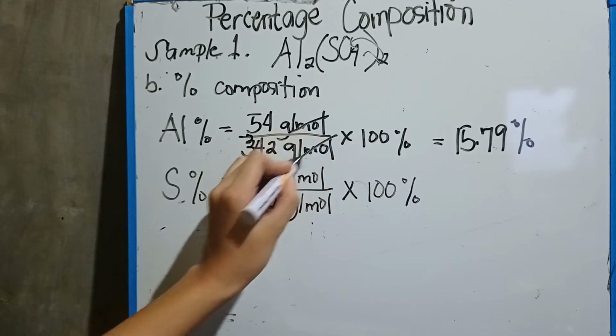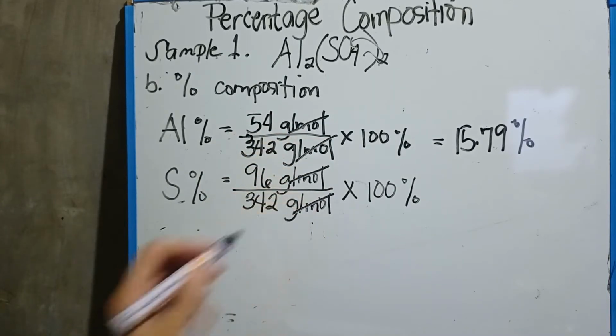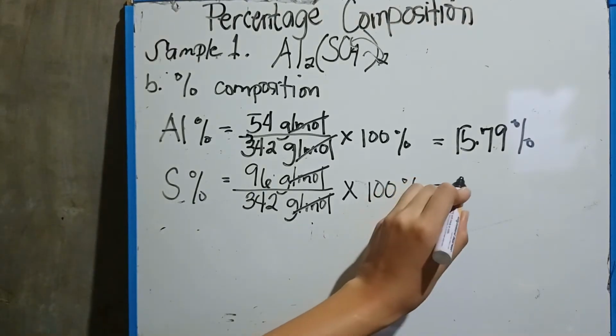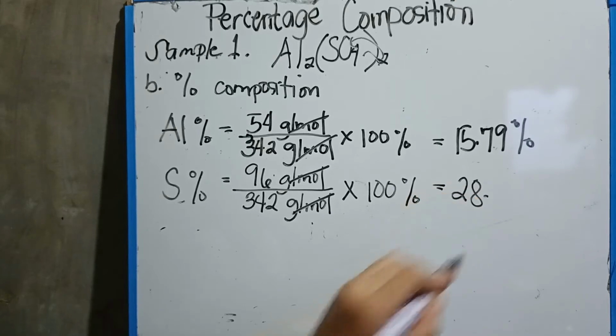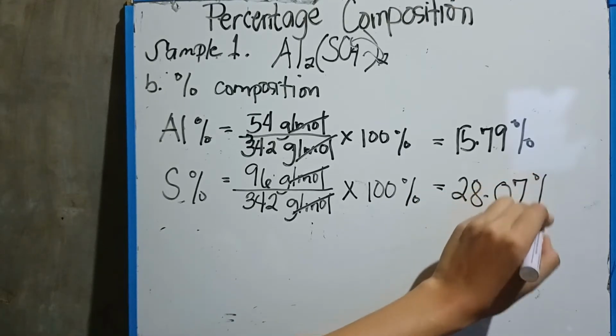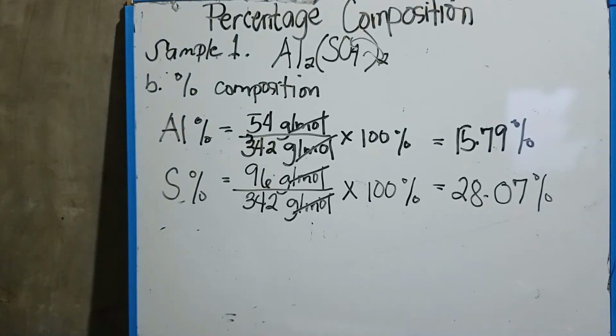So, 96 divided by 342 multiplied by 100%, it is 28.07%. That is for sulfur.